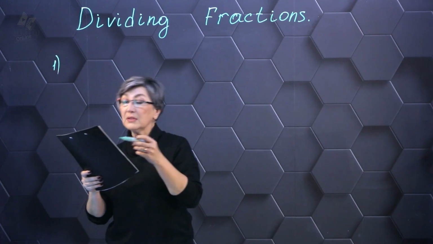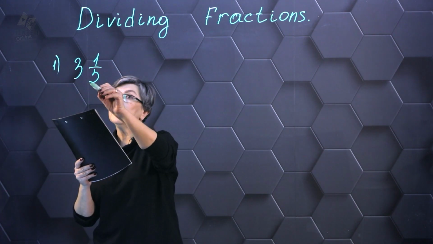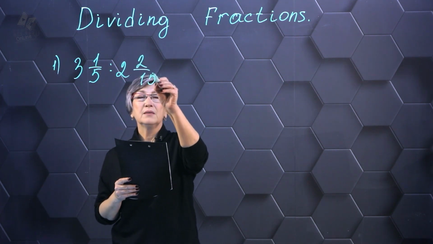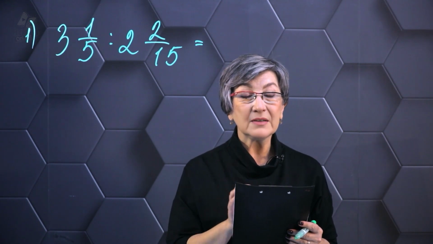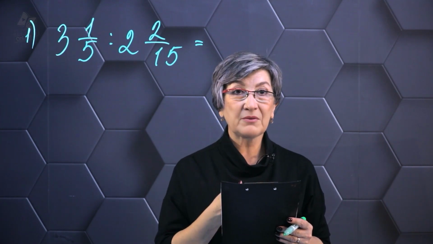The first task we need to do is to divide 3 whole 1/5 by 2 whole 2/15. So what do we need to do? We haven't really worked out how to divide mixed numbers. But we've talked about the fact that when we divide and multiply fractional numbers, we always have to convert mixed numbers to improper fractions.